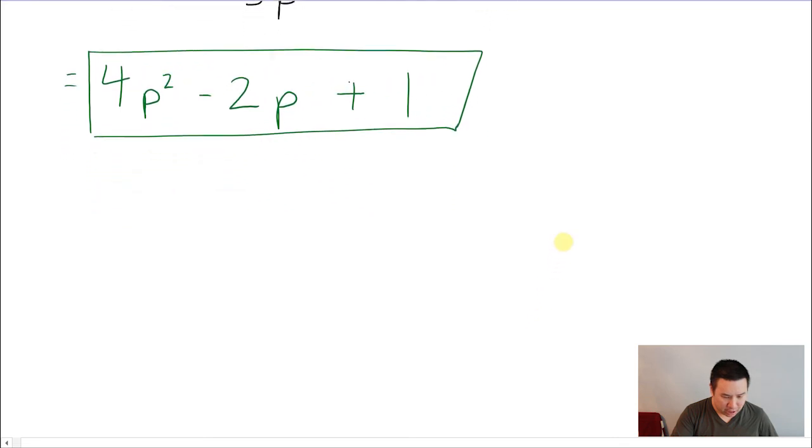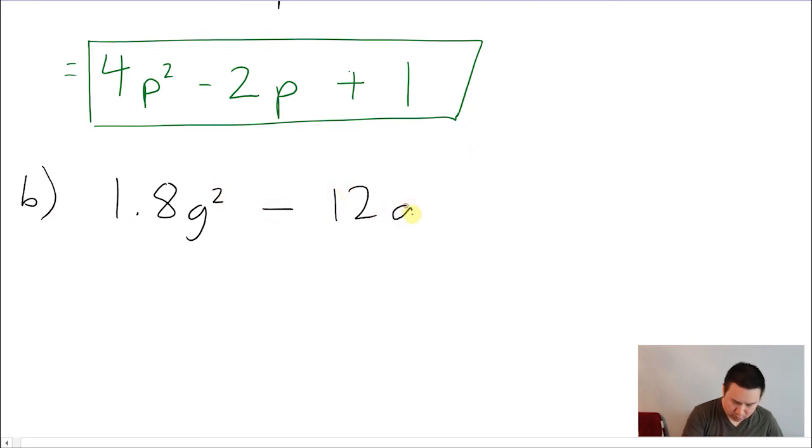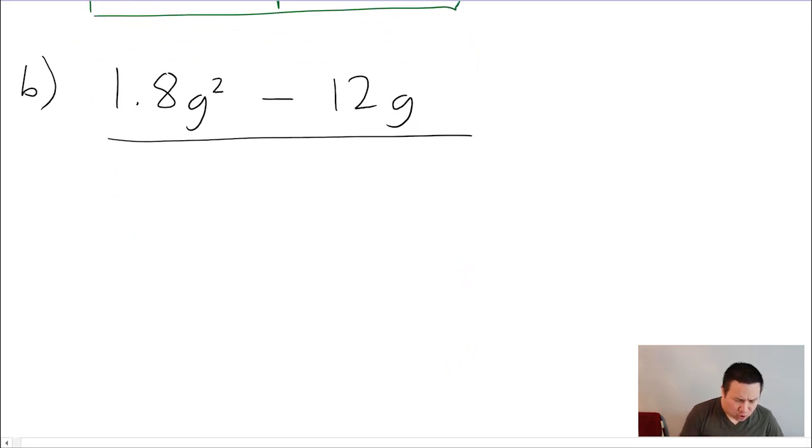Okay, let's do one more. I'm going to show you one with some decimals. So 1.8g squared minus 12g divided by negative 0.3g.